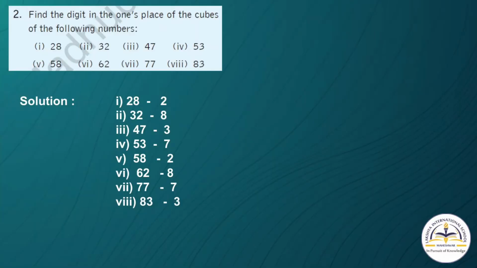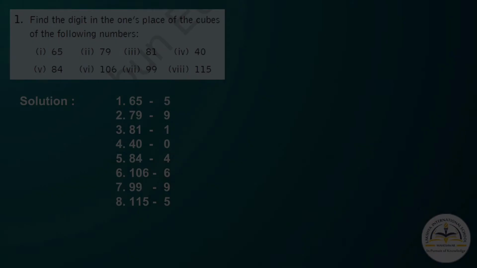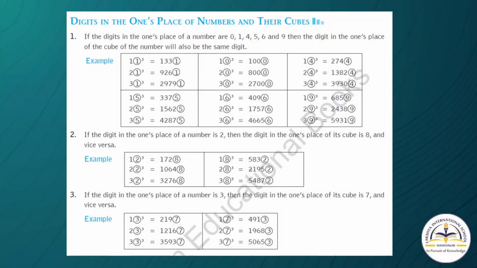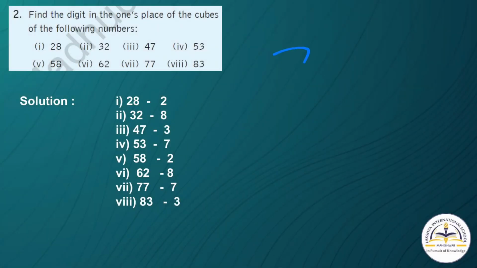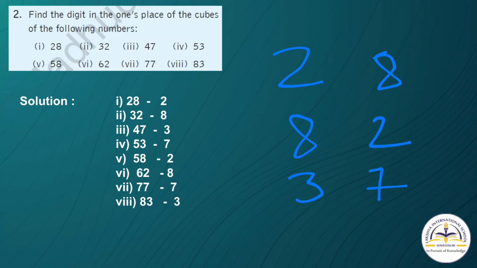Now in question number 2, find the digit in the ones place of the cubes of the following numbers. For this we will use our second and third properties. For 2 it is 8, for 8 it is 2, for 3 it is 7, and for 7 it is 3.